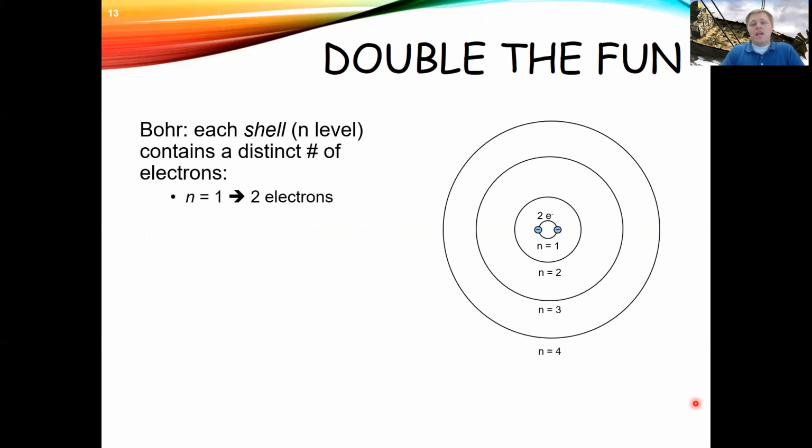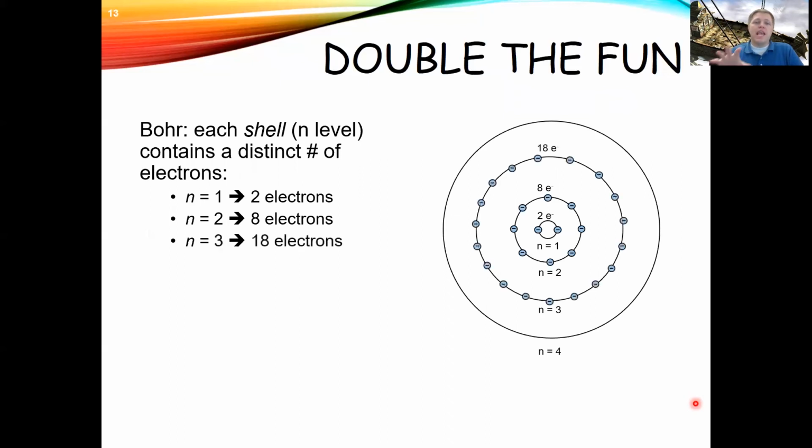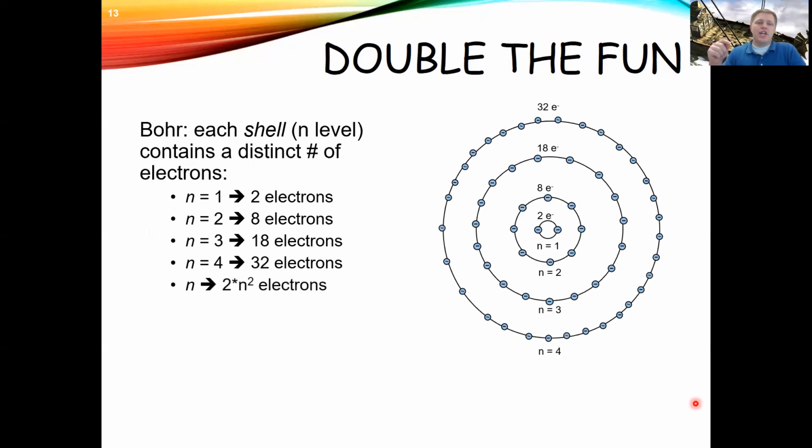If you want to go to the n equals 2 shell, you can fit 8 electrons in that shell at a time. The n equals 3 shell, you can fit 18 electrons. At n equals 4, you can fit 32. So at any n shell, you can fit 2 times n squared electrons.